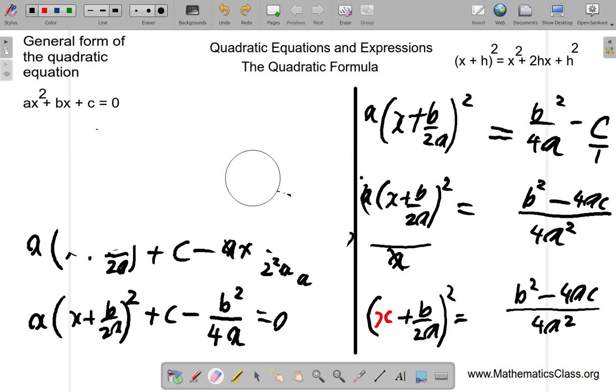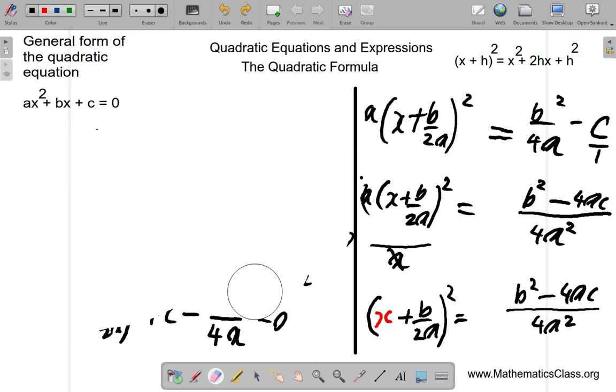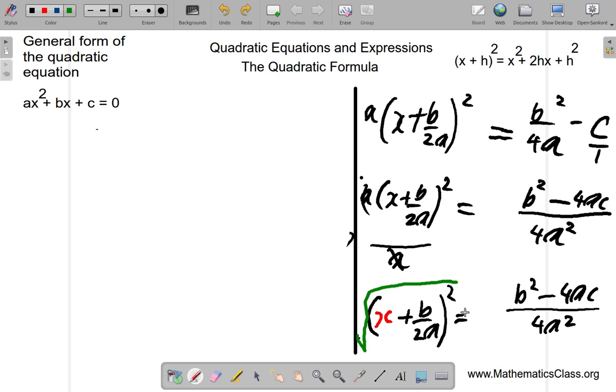Alright, we now will have no choice but to erase something to make space. So let's erase what we have over here. Okay, now look at this. What we can do here is square root both sides. We find the square root of x plus b over 2a all squared, and we must square root both sides. Now when we square root all of this, there's something you have to remember.